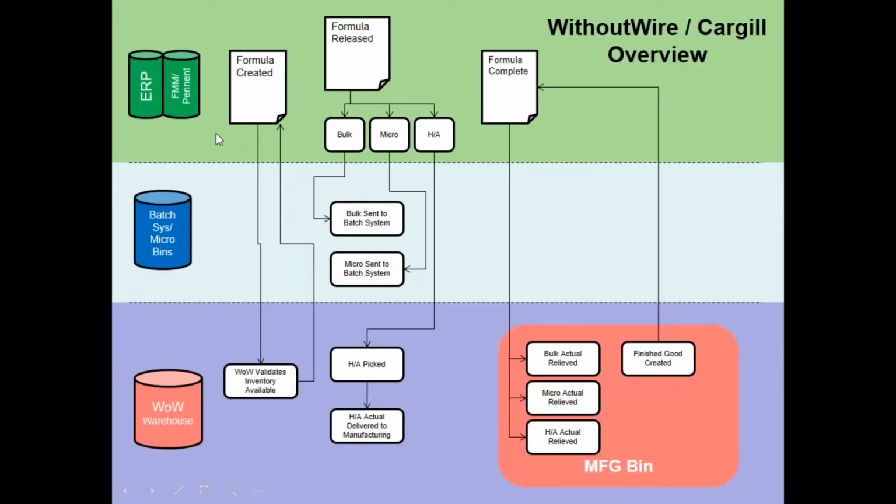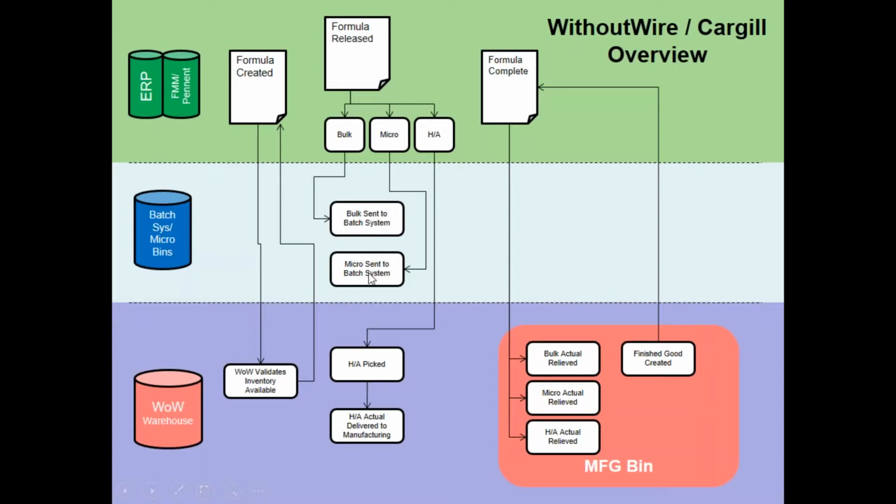But I also wanted to show their workflow because it is interesting as well in that they have their accounting system, a batching system, and our warehouse management. The formula is created, we validate enough inventory is available. The formula is released, and there are bulk, micro, and hand add types of materials that need to go into this.